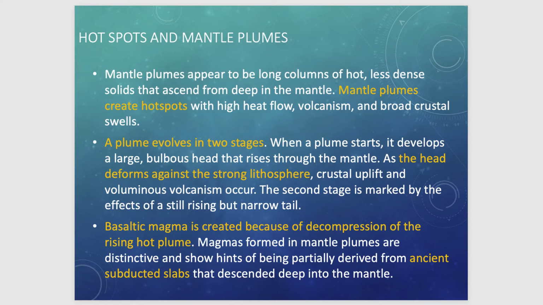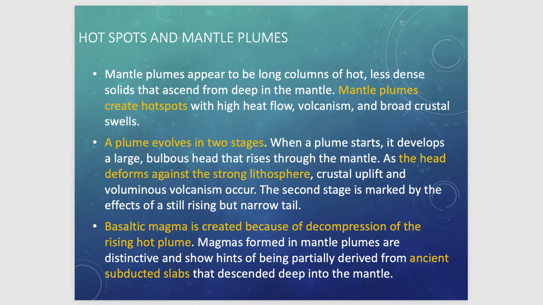So the second stage will be marked by the effect of a still rising but much narrower tail. This is quite often the result of the mixing of ultramafic magmas with the other magmas that are resulting from the partial melting.